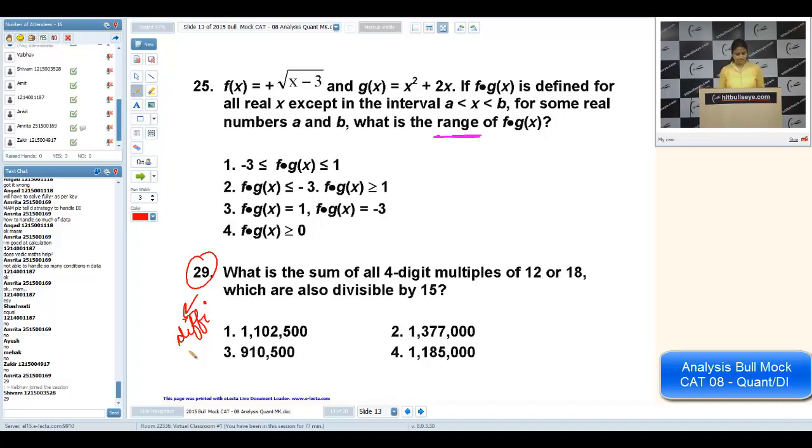So coming to the 29th. It says, what is the sum of all 4-digit multiples of 12 or 18 which are also divisible by 15? See, here are the keywords: or which are also divisible by 15. So we want to know which are multiples of 12 and 15 or 12 and 18. We are not interested in finding the number of such numbers. Rather, we want to find the sum of all these numbers.